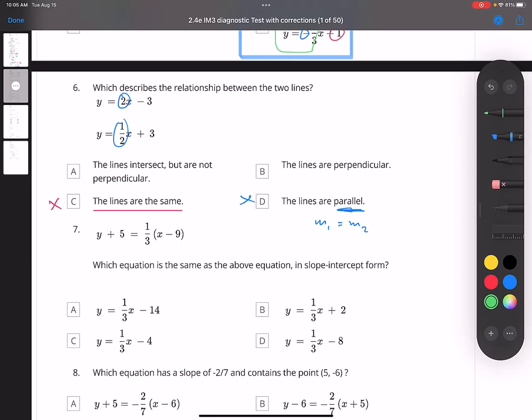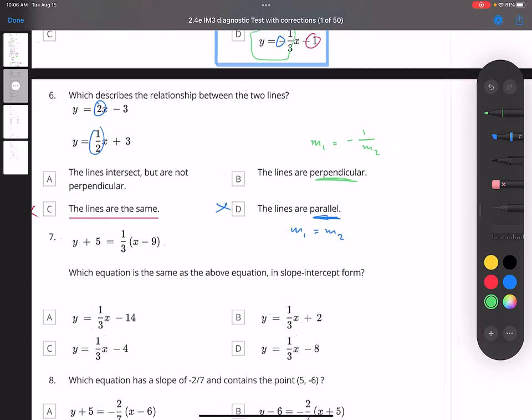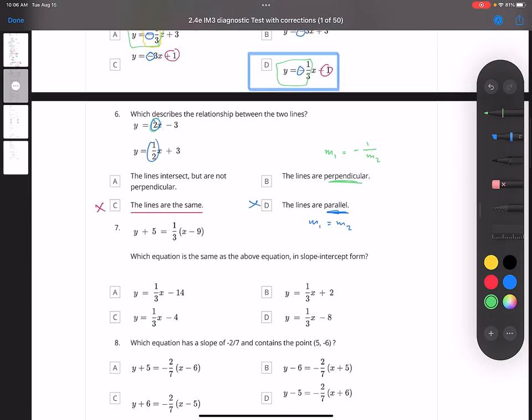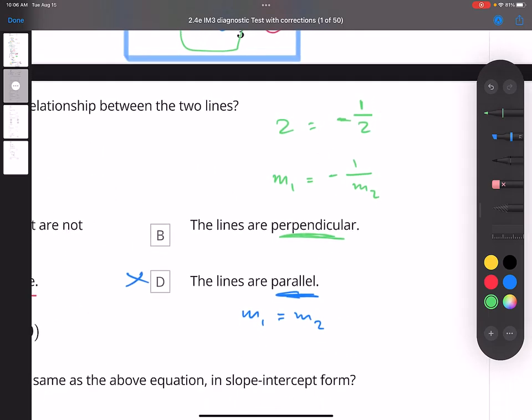Okay, perpendicular means that the slope of the first one is the negative reciprocal of the second one. Okay, so watch what happens. So if it is 2, and if I did something like this, this would test if they were perpendicular.